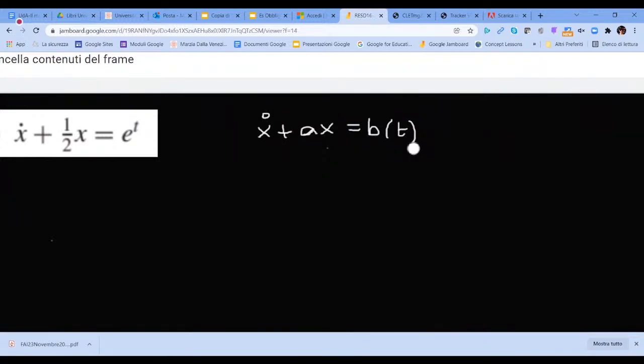Maybe you didn't. Okay, we will do this simple example, but maybe I will return to the previous one where there was x squared.